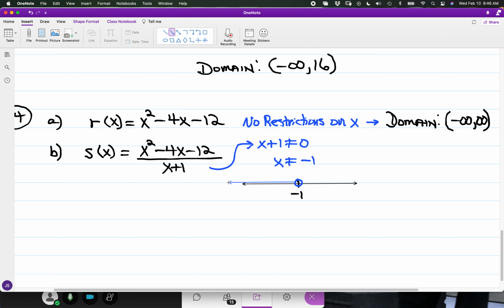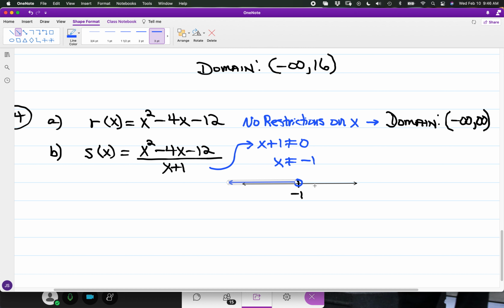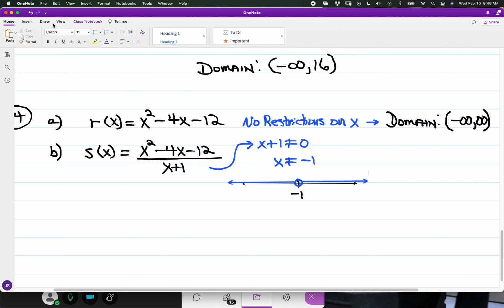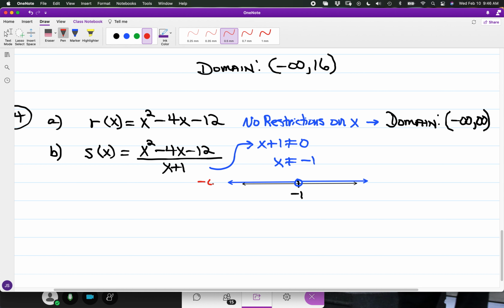So you have those values less than negative 1, and those values of x greater than negative 1. So you have going in opposite directions: a left ray pointing out continuously to negative infinity, and a ray pointing to the right going continuously out toward infinity.